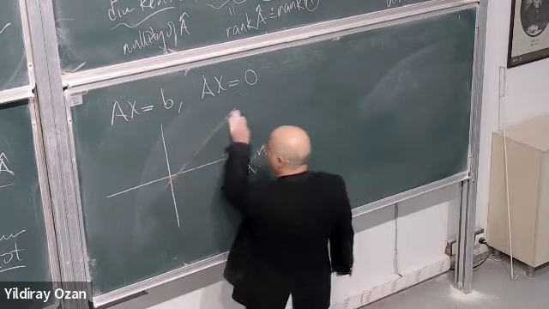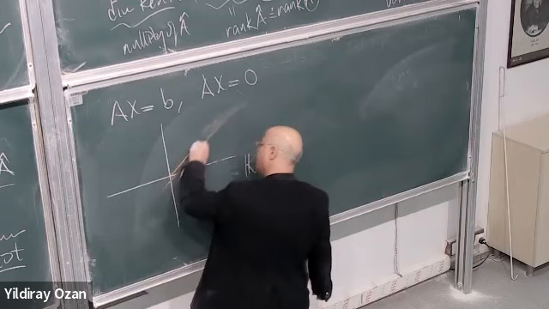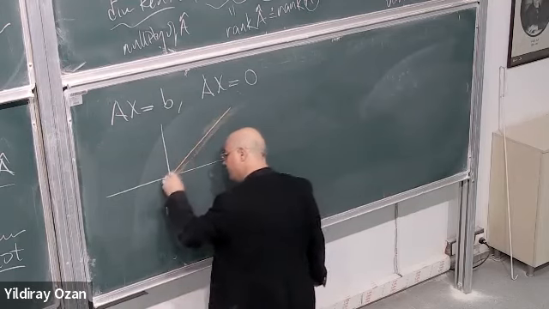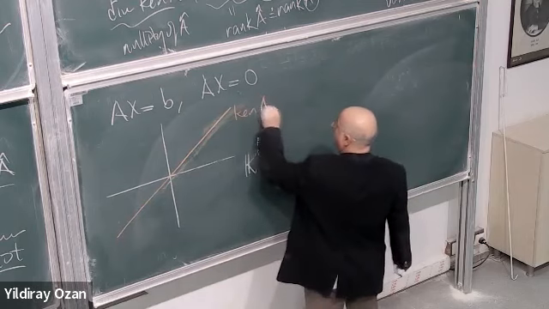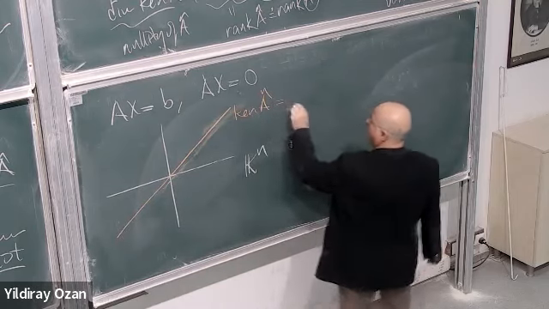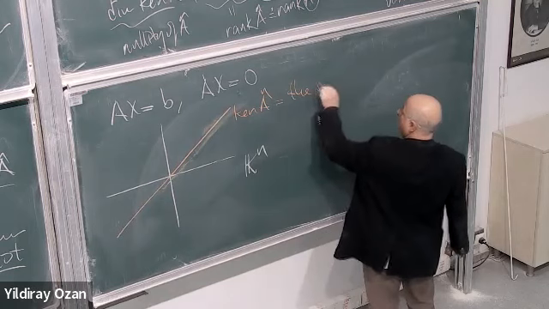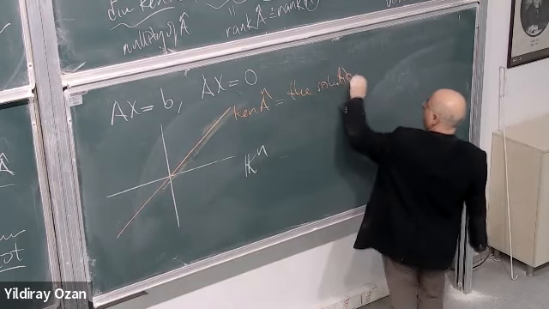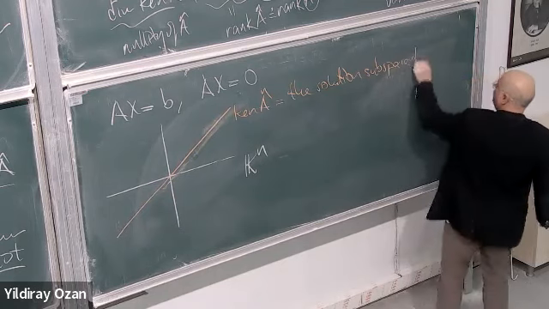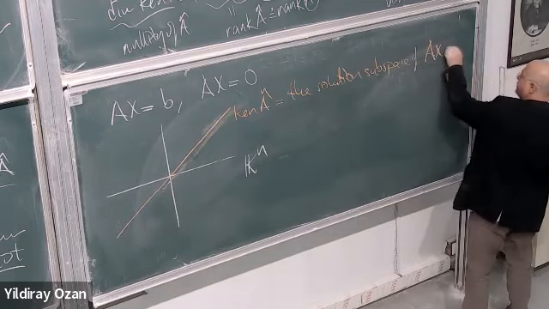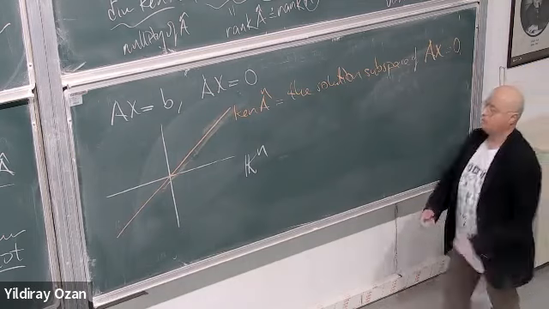So subspace should pass through the zero. Okay. So this is kernel of A. So the solution space, subspace of Ax equals 0.